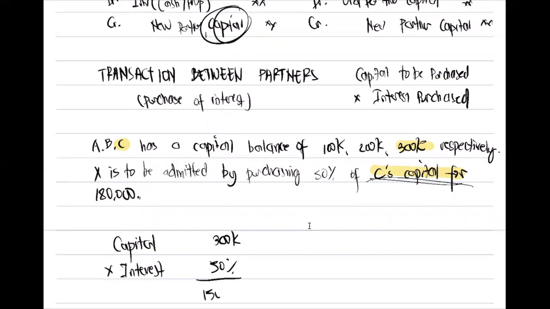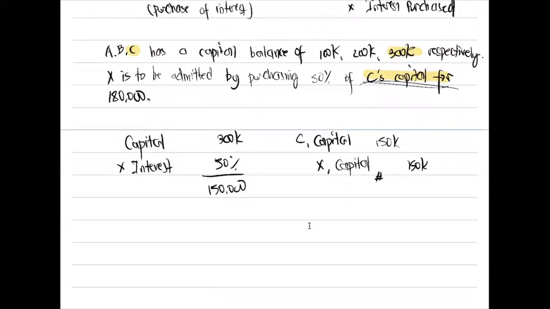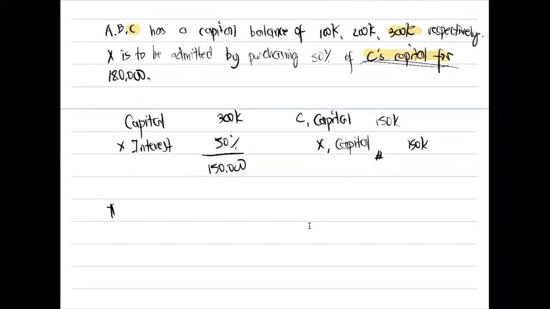So this will give us 150,000. This will only be accounted as a transfer of capital. So we debit C capital 150,000 and credit X capital 150,000.